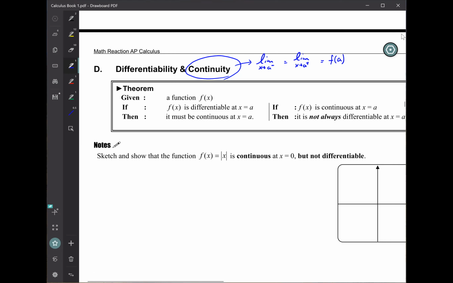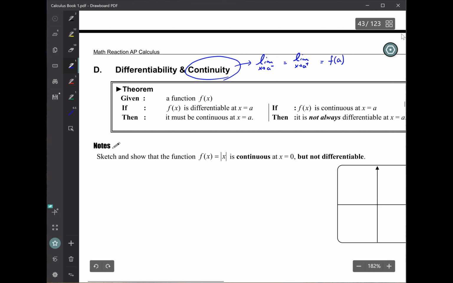Okay, so we have two things here. This is checking if it's continuous at a single point. Now, because we have learned derivatives, differentiability means: is the derivative possible at that place? We call that differentiability. If it's differentiable, that means you are able to find the slope at that place.